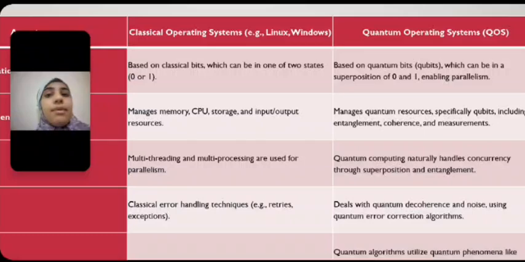But in quantum, there is something weird. It's not zero or one, but zero and one at the same time. For example, if you throw a coin in the air and this coin spins again and again, you can say it's head and tail at the same time in the air. You can't say it's head or tail.